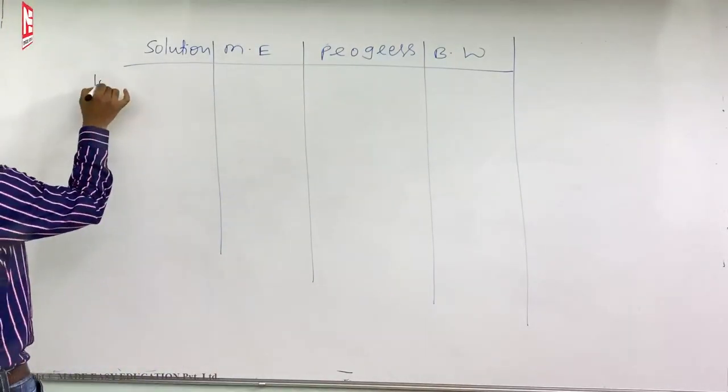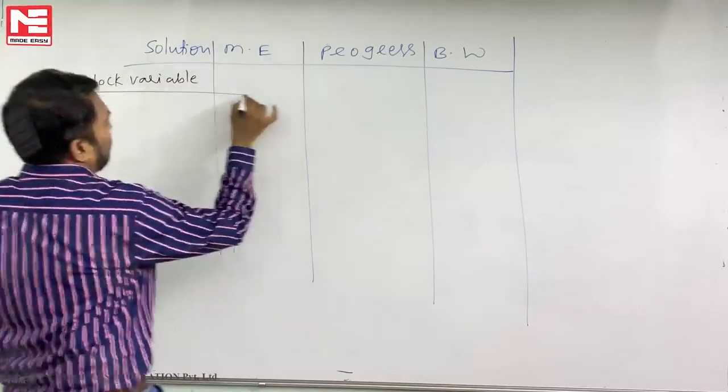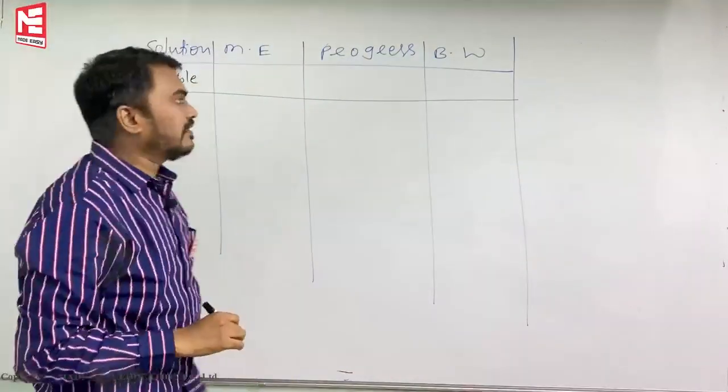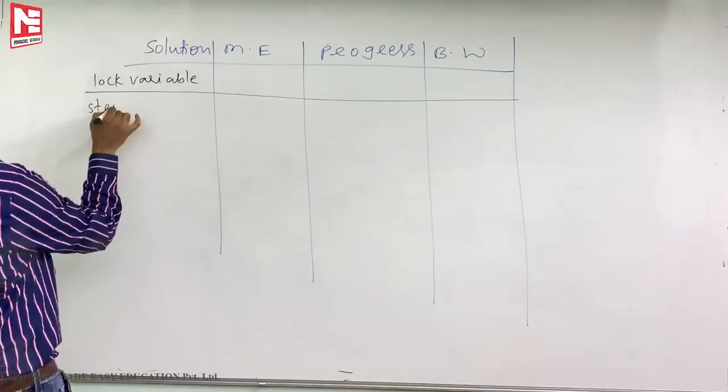So what the first solution we studied? Lock variables. पूरा एक table में रहेगा. So all that will be in the single table. First is lock variables.